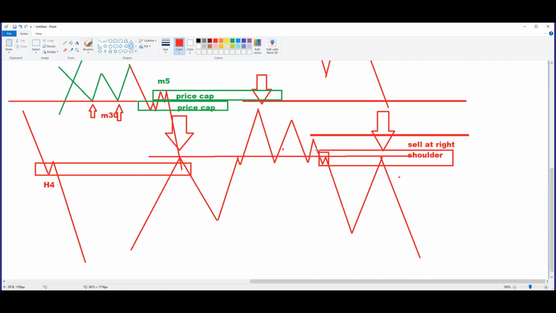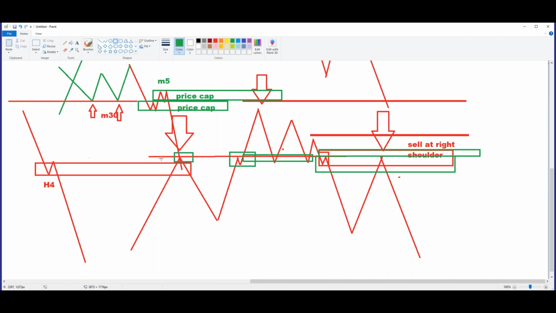Remember this? You have a rally, base, drop in the small time frame here. You have a rally base drop over here, and then a drop base rally over here, and then you have a support here, and then a rally base rally over here, and you have a resistance over here.